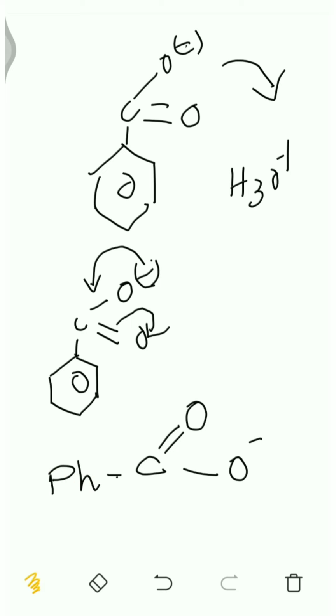Now we can see that in the total process of the reaction, the phenyl ring is not involved in the resonating structure. Two resonating structures are formed within the carboxylate ion only, that is in this position and in this position. The carboxylate ion is responsible for the total resonating structure and is not involved with the phenyl group.